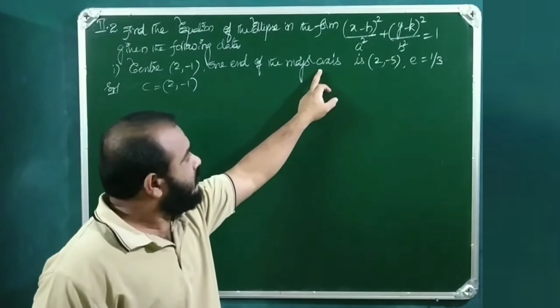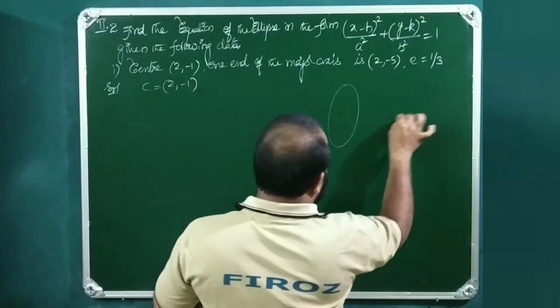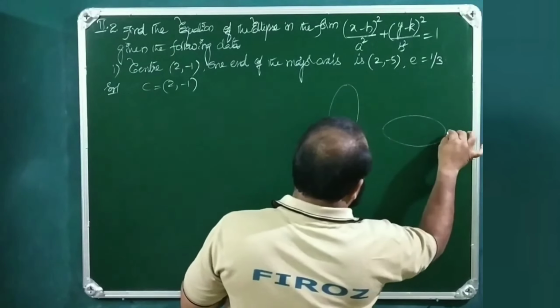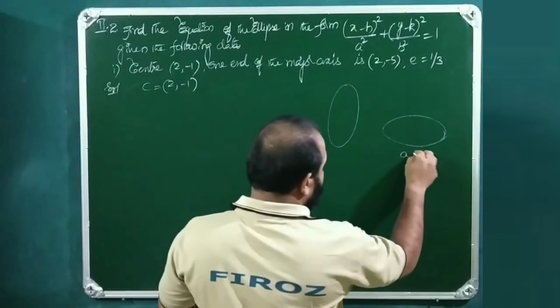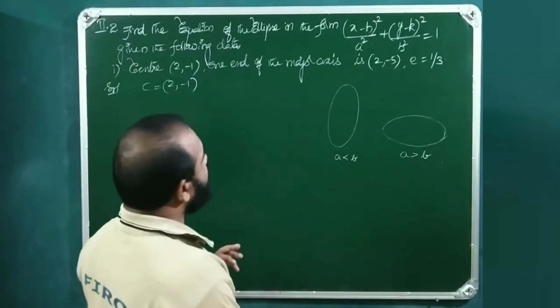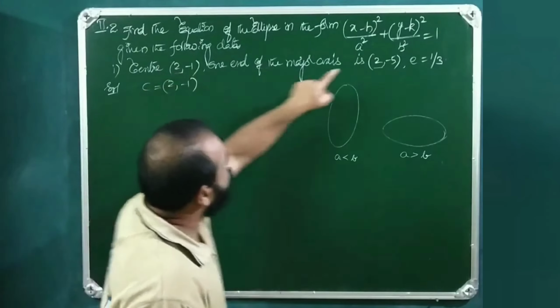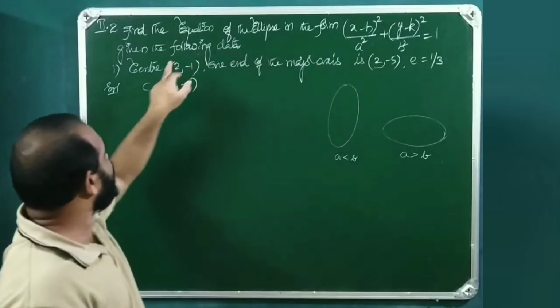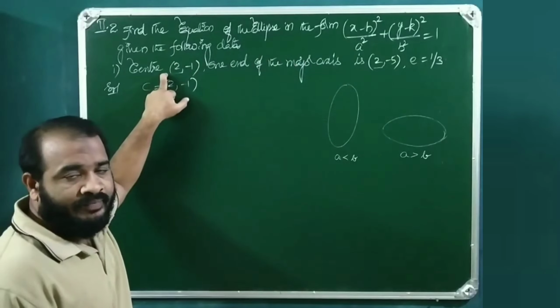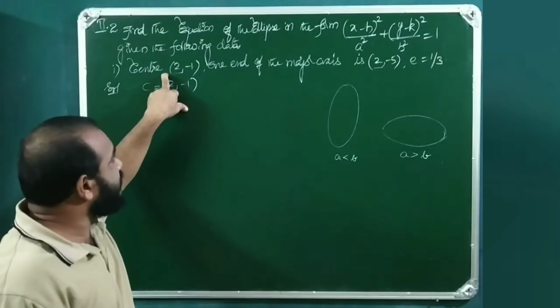Major axis: the ellipse could be like this or like this. If the ellipse is of this form, then a is greater than b, and in this form, a is less than b. Here, the x coordinates of the major axis end and the center are equal, so the major axis of the ellipse is along the y axis.